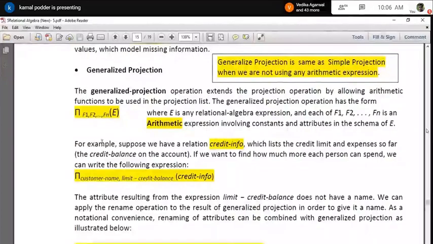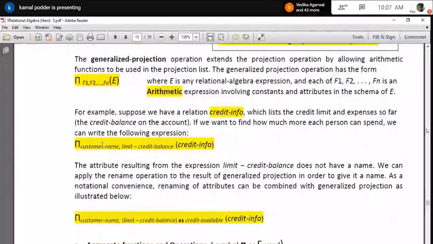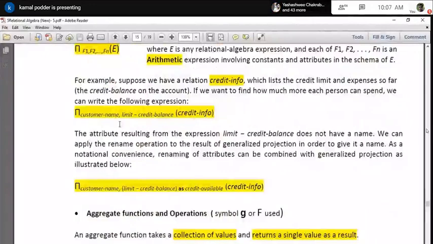Take for example, I have a credit information table. I want to find the customer name and credit limit minus balance. This is an arithmetic expression, and in addition to that there is a plain column. In that case, when you use an arithmetic expression, instead of the simple projection you should use the generalized projection.